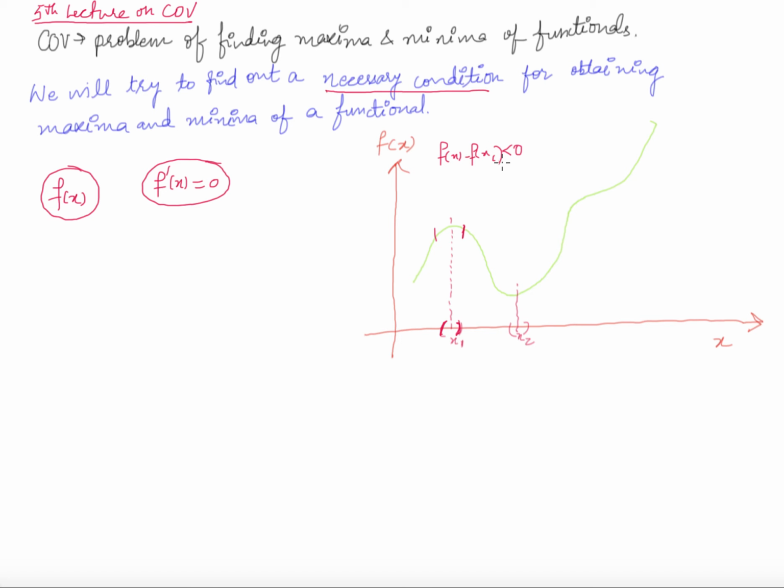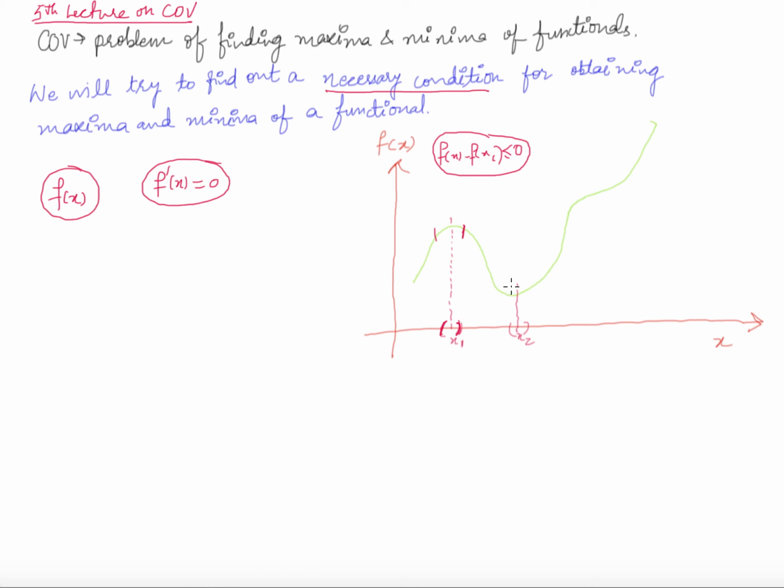This is negative, or equal to 0 if x is equal to x1. So for the point of maxima, we should be able to find a neighborhood of x1 such that in that neighborhood this variation in the function is negative.